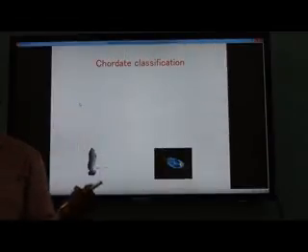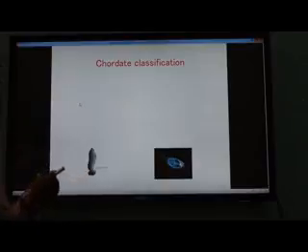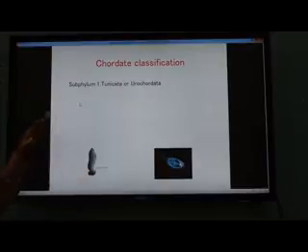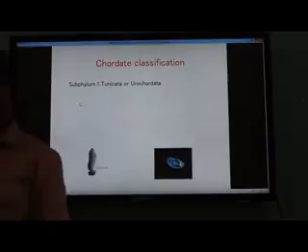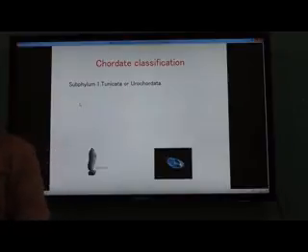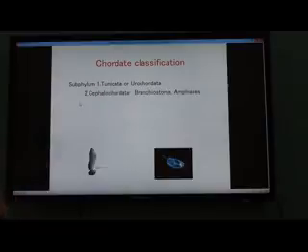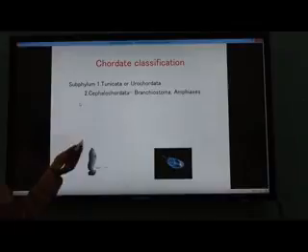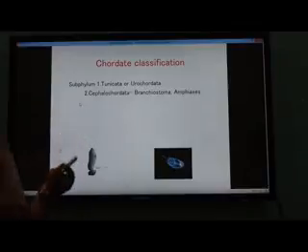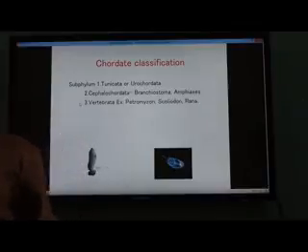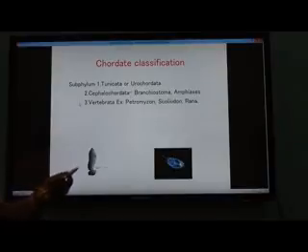Now let us go for the chordate classification. On the basis of several characters, chordates are classified into different groups. One is the subphylum tunicates or urochordates, the second is the cephalochordates, with examples Branchiostoma and Amphioxus. Then Vertebrata, with examples Petromyzon, Scoliodon and Rana.